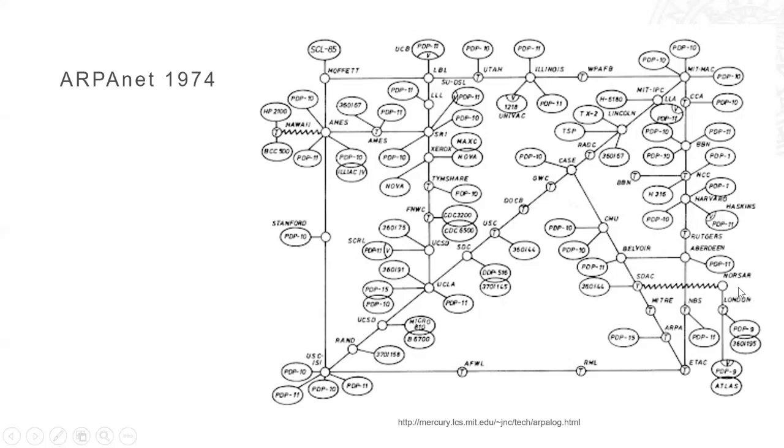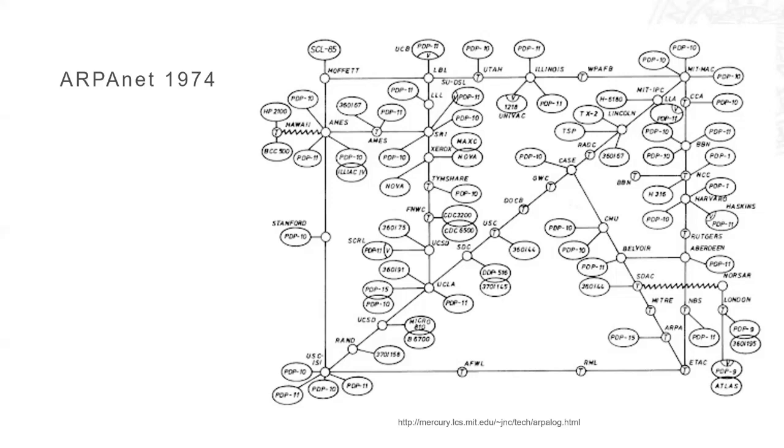For example, these small circles show different locations. Here we have some computers in London, and some other computers in Hawaii, Stanford, etc. They are all computers that at the time were connected to each other and formed the internet of the time.